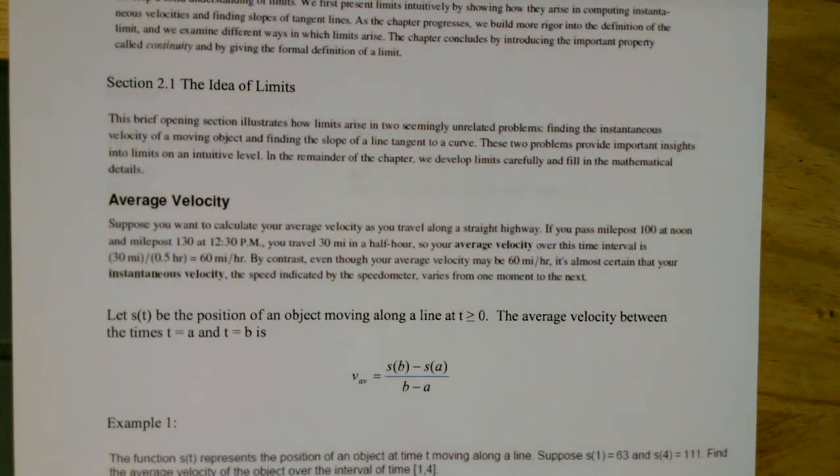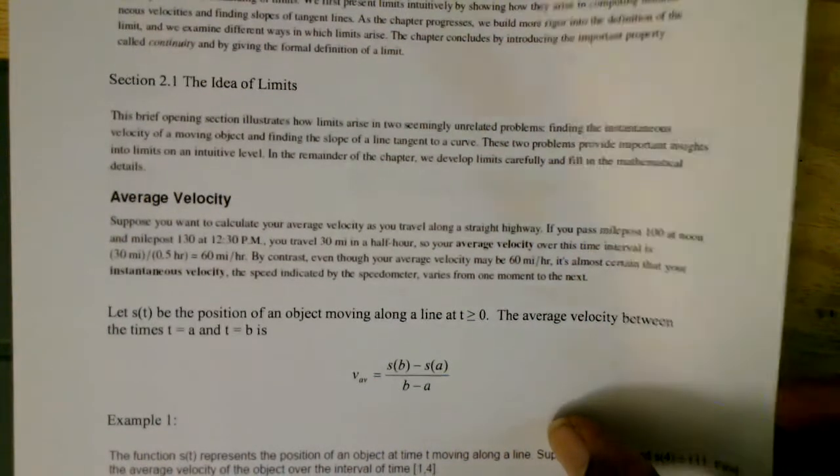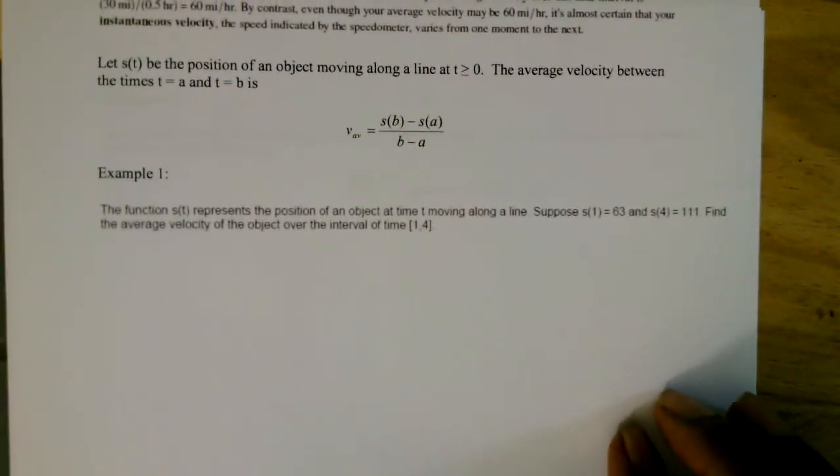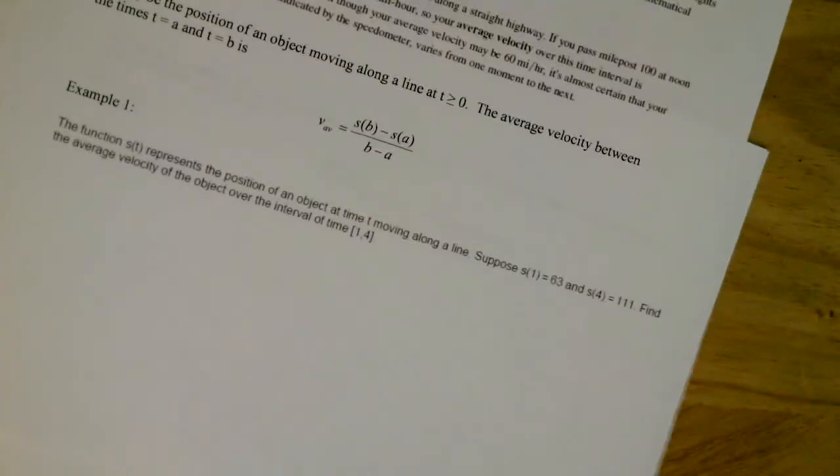Of course, s(t) is the position of an object moving along a line, and t is the time. So we're going to use that average velocity formula to work this example.